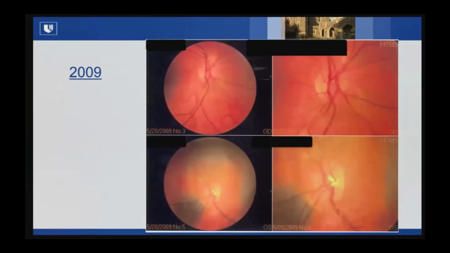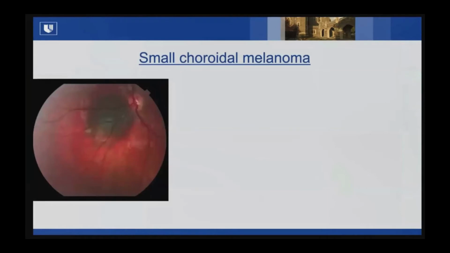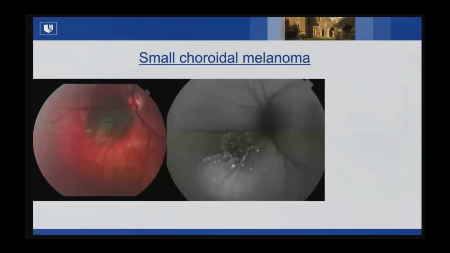These pictures were taken on the left eye of this person. The lesion grew, and the previous photos were taken by the optometrist. When we saw this lesion, we started to be concerned.